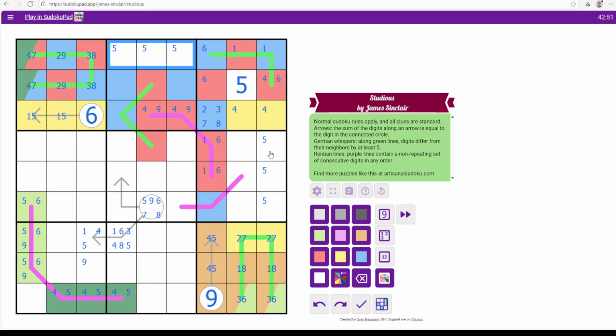So the interesting question would be, if this is a 5, then both of those must be low.